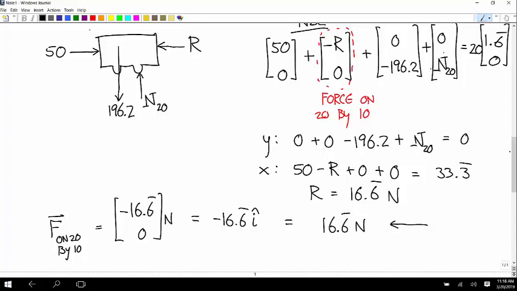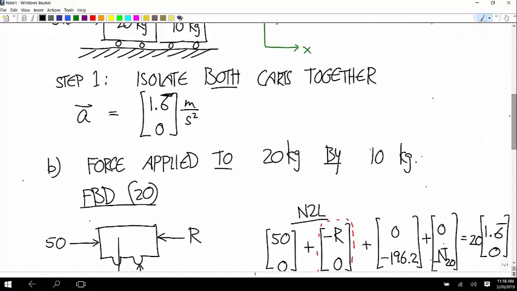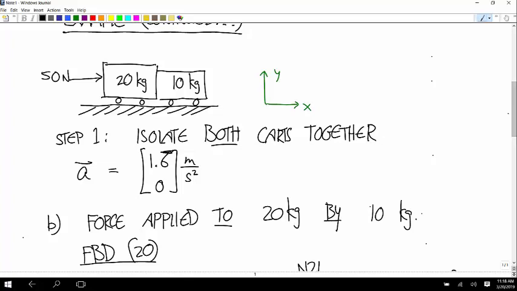Remember that I mentioned this before, and I'll talk about why a little bit later on, but you have a pushing contact between bodies. Whatever body you isolate, that pushing contact is toward the chosen body. So when we isolate the 20 kilogram, that pushing contact is this way. If we isolated the 10 kilogram cart, the pushing contact would be this way, and the magnitude of those two is the same.